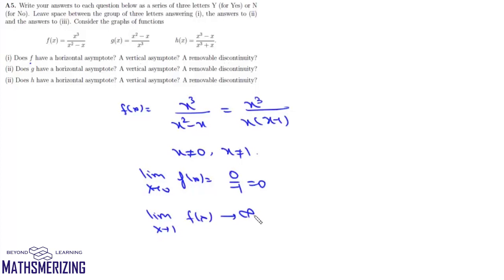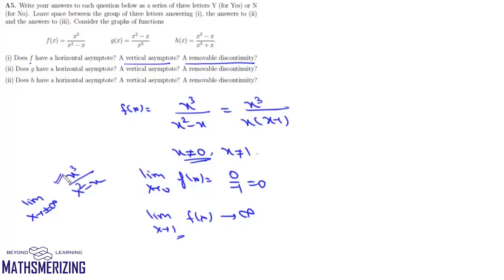So that means this function will have a removable discontinuity at 0, because at 0 this function is discontinuous, but the limit exists and it is equal to 0. And it also has a vertical asymptote at x equals 1. Now what about the horizontal asymptote? For that, we'll find this limit, x tends to plus or minus infinite, x cube upon x square minus x.